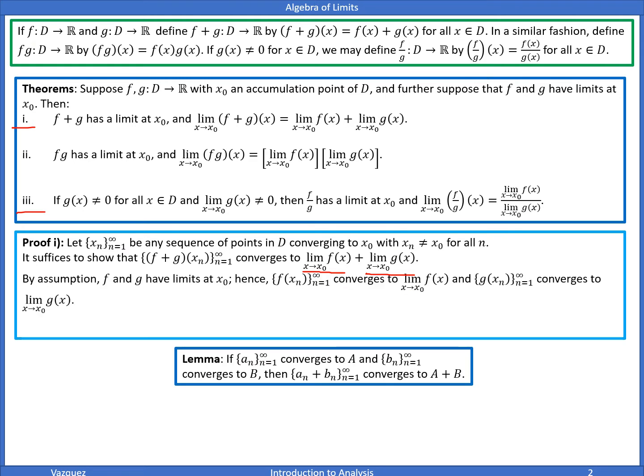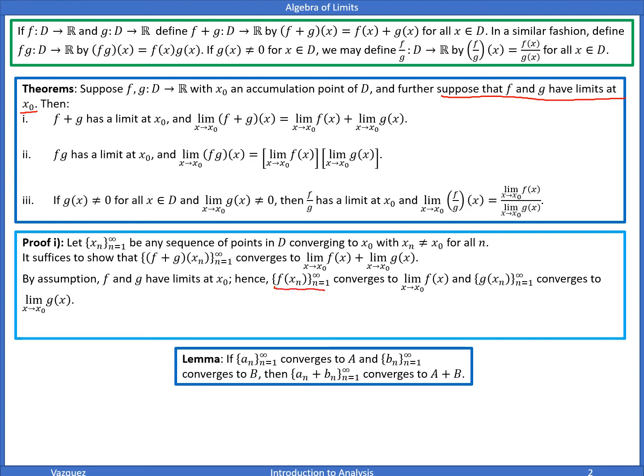By assumption, f and g have limits. Let me erase here so I can show you where our assumption was. Up here: suppose that f and g have limits at x naught. So that's where we're getting at. So by assumption, they have limits at x naught.